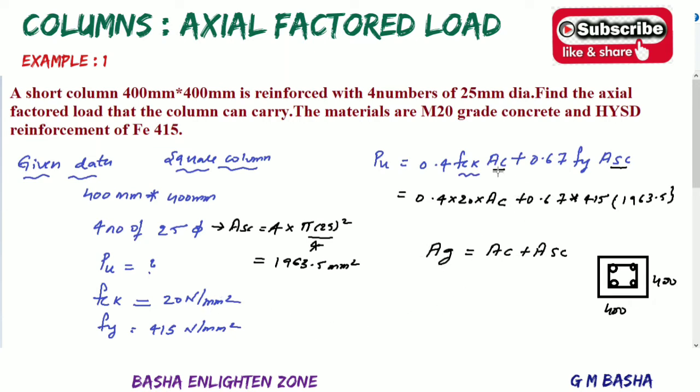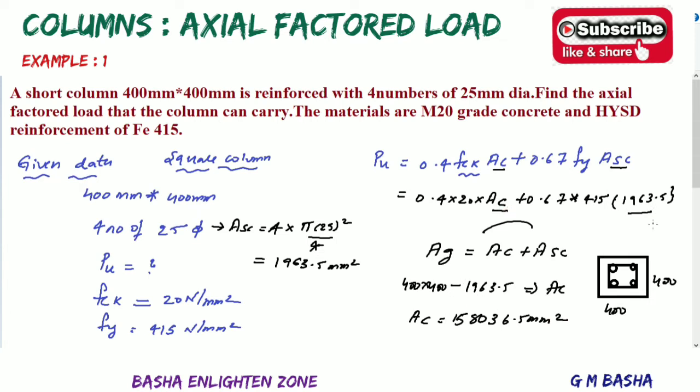So you don't know the area of the concrete, but we know the gross area, that is 400 by 400. Sending the steel area to the other side, 1963.5 equal to the area of the concrete. If you simplify, you will get the area of the concrete as around 158036.5 mm square.